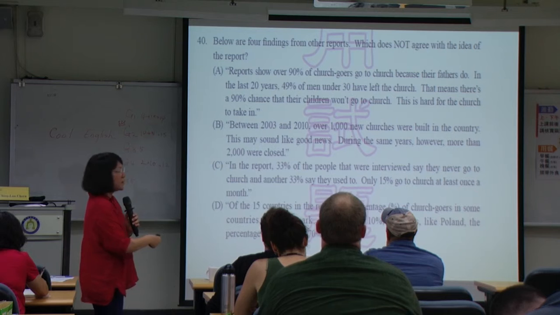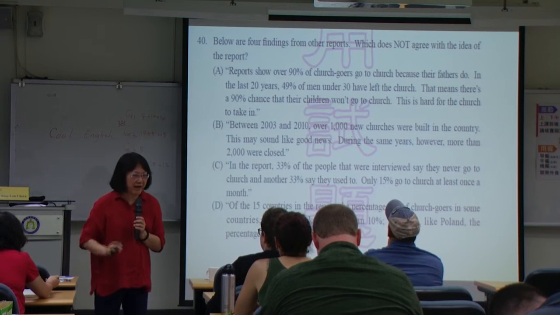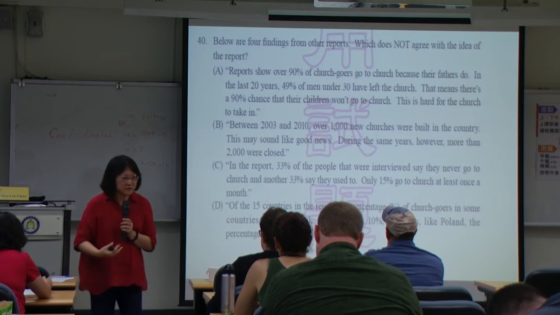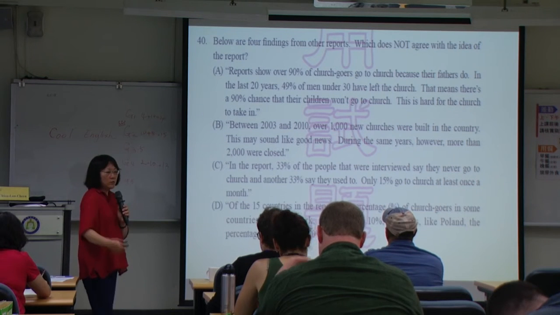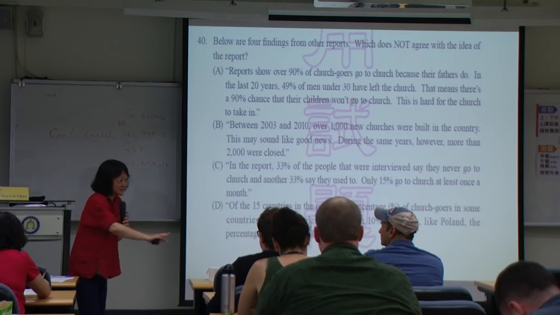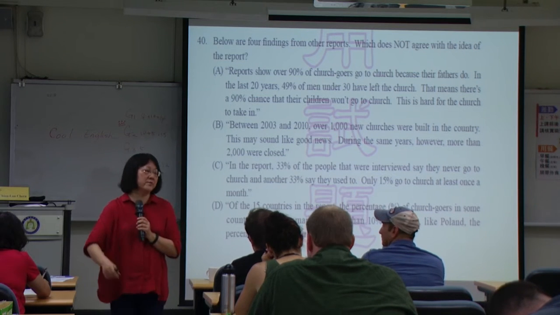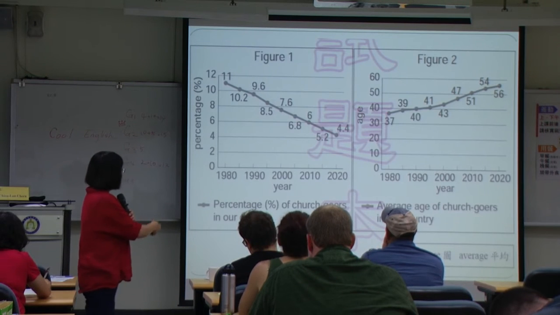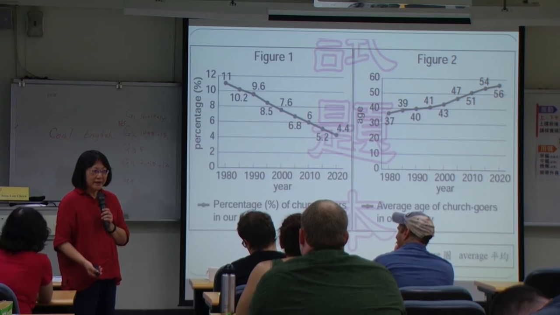Sometimes they will tell you, based on this article, which of the 4 graphs is correct. So turning words into visual tables and figures, right? This is junior high school. If you're in elementary school, you don't have to worry about it. But in elementary school, they already talk about figures and charts in Chinese.